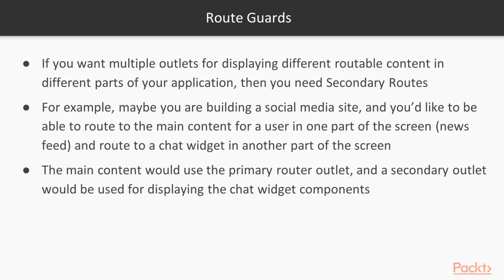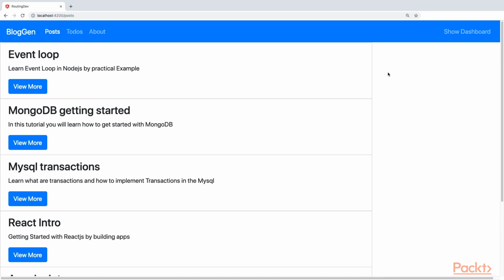You can also add the name of your router outlet. The main content would use the primary router outlet, and the secondary router outlet would be used for displaying the chat widget components. Let me show you the demo in our application, how we are going to implement the secondary routes. Here is our post.